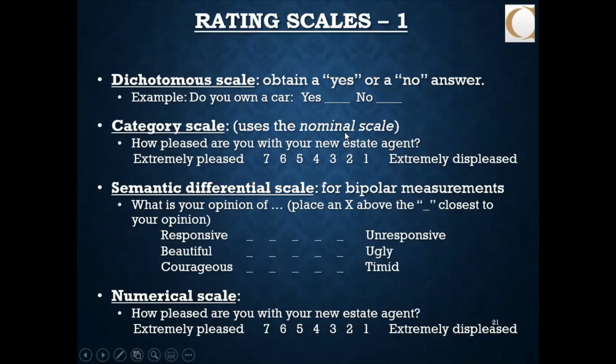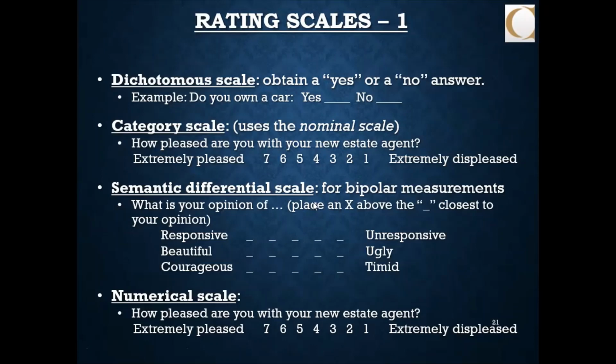And the category scale uses the nominal scale. So how pleased are you with your new real estate agent? You can figure out if you're extremely pleased or extremely displeased. And then the semantic differential scale is for bipolar measurements. You could ask, what's your opinion of your teacher? Is your teacher responsive or unresponsive?